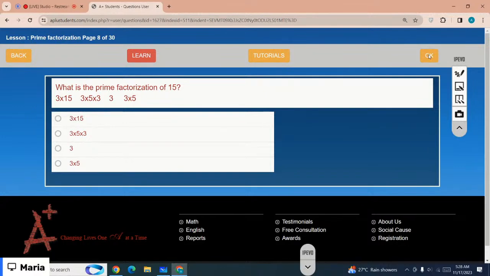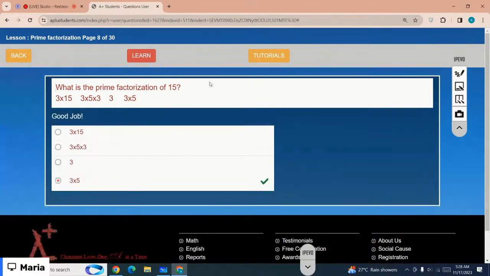That is 3 times 5. The last one is the correct option. The other one is 45, because 3 times 3 is 9 and 9 times 5 is 45. The last one is the correct option. That is 3 times 5, right?